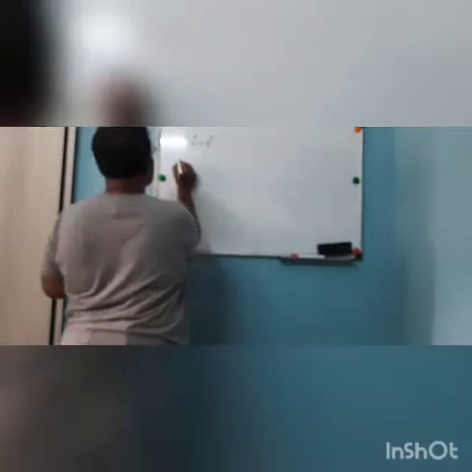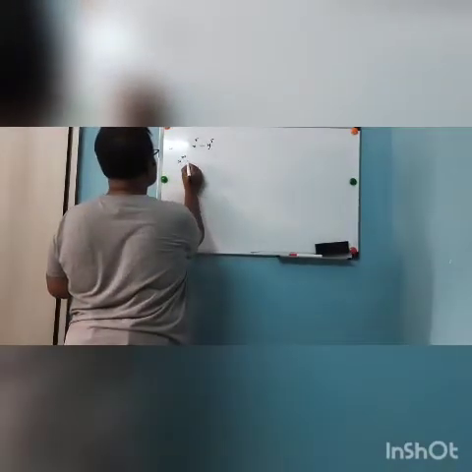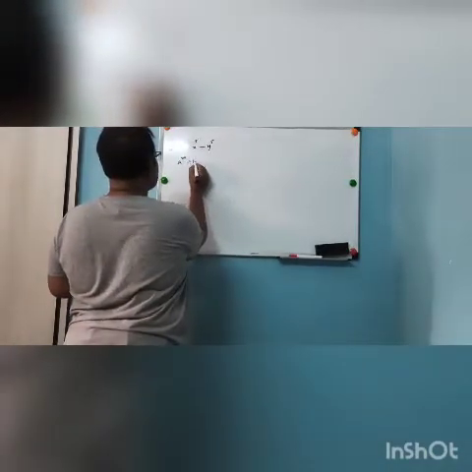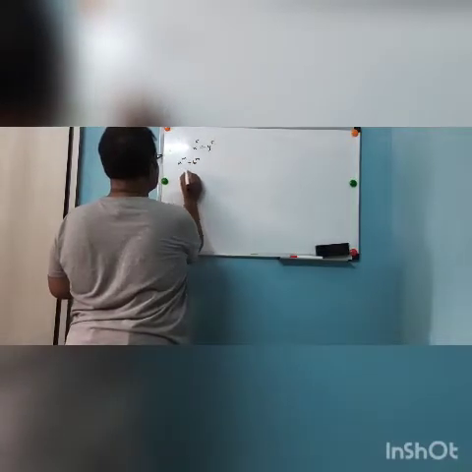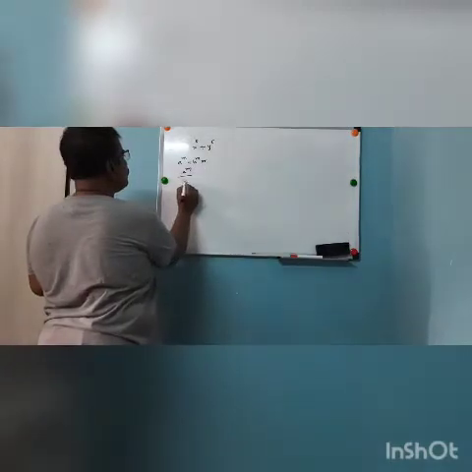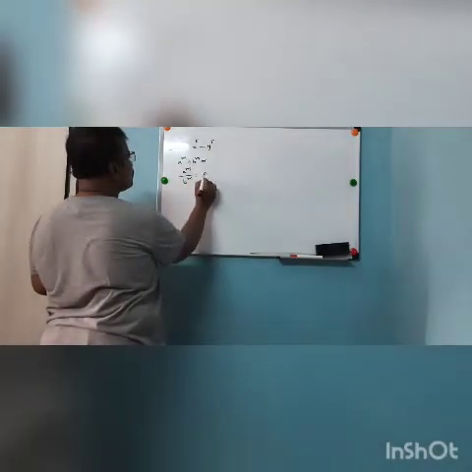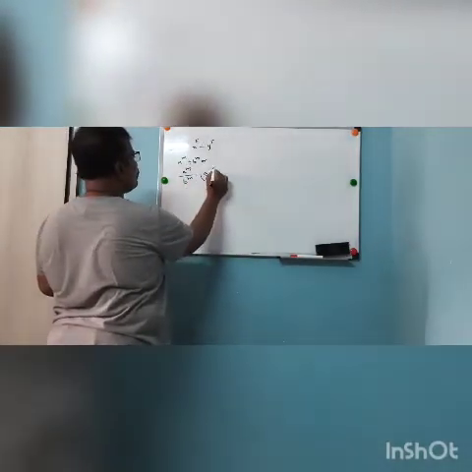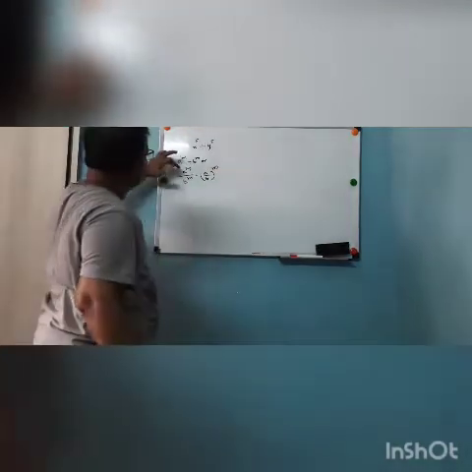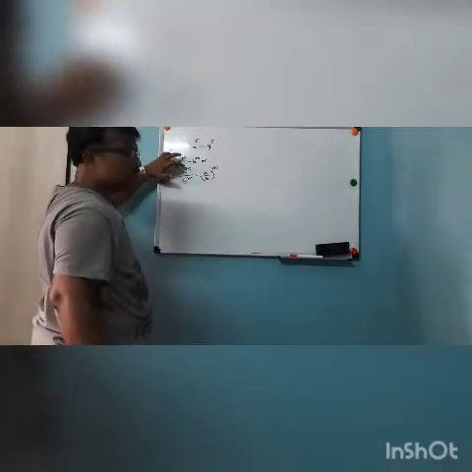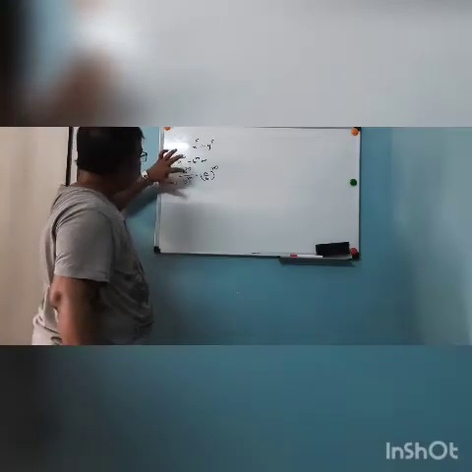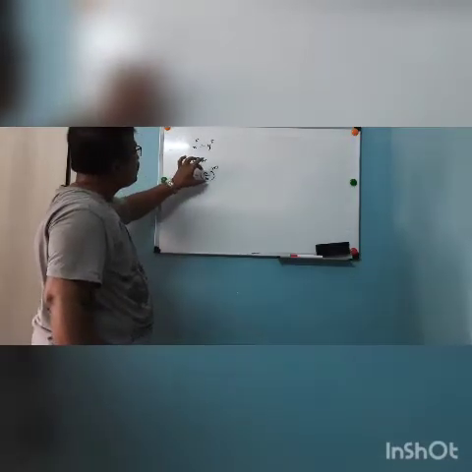The exponential law: a power m divided by b power m is written as a by b whole power m. Both a and b have exponent m, that's why we are combining a by b.